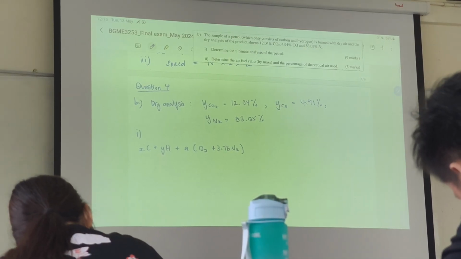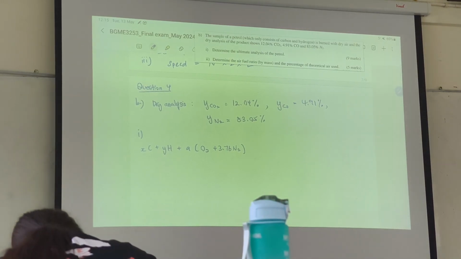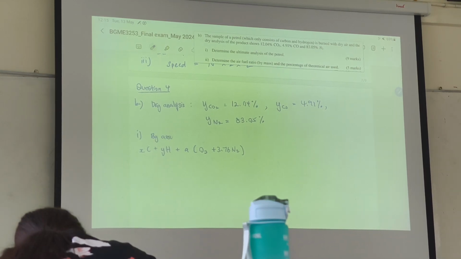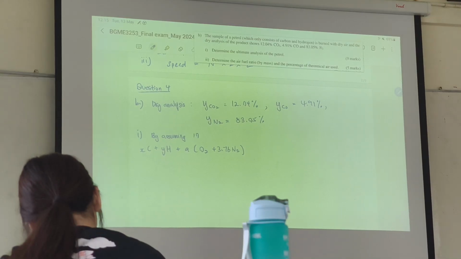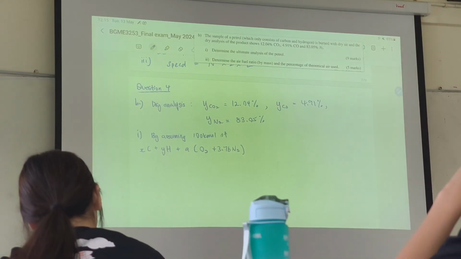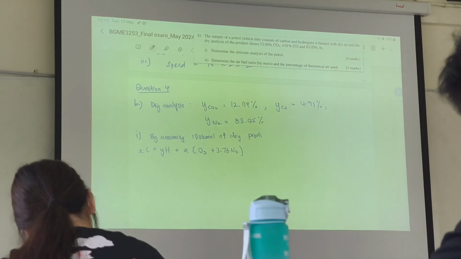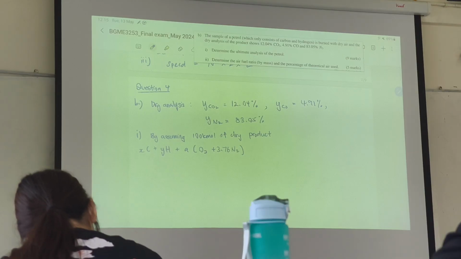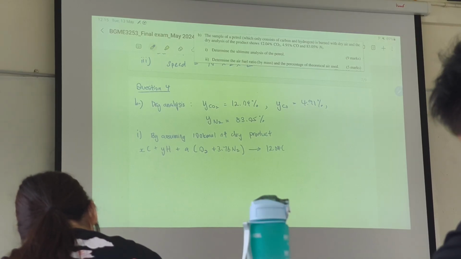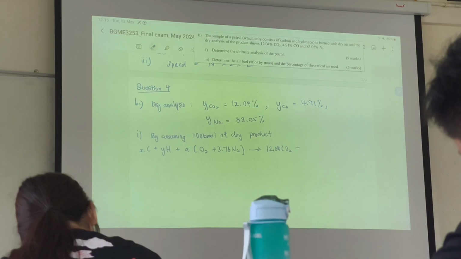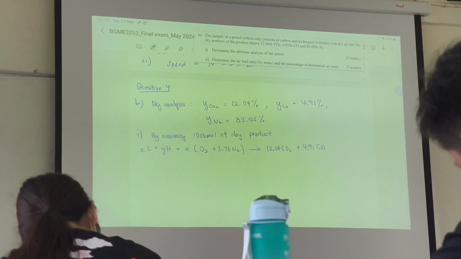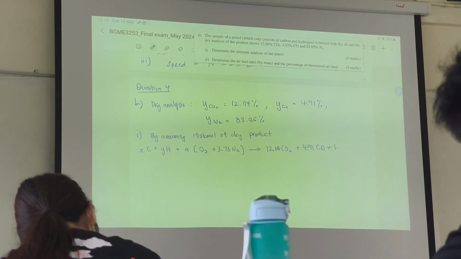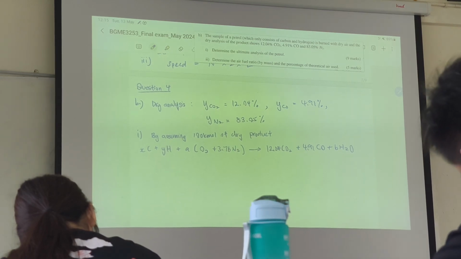So what do we know here? We know the dry analysis. So let's assume 100 kilomole of dry product. You can also assume 1 kilomole. As usual, this one is up to you. You should get the same answer. So when we assume 100 kilomole of dry product, meaning we get 12.04 CO2, we get 4.91 CO. Don't forget you have H2O in the product, even though we didn't mention it because it is a dry analysis.